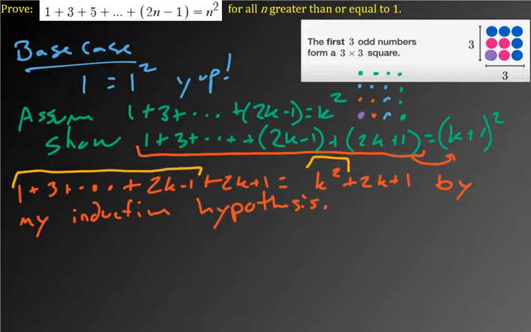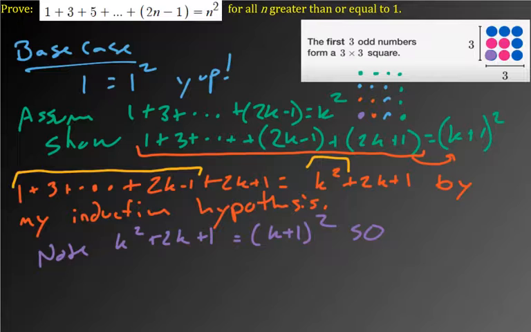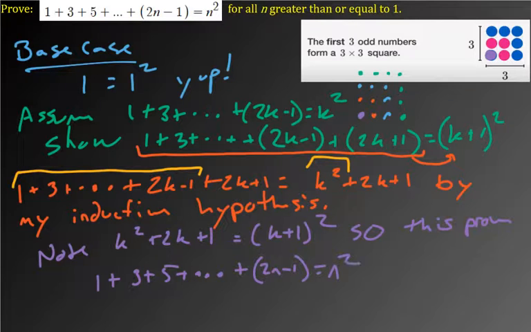So then I'm just going to say something like, note k squared plus 2k plus 1 equals k plus 1 squared. It factors into a perfect square. So this proves that 1 plus 3 plus 5 plus and so on up to 2n minus 1 equals n squared holds for all n in the naturals.